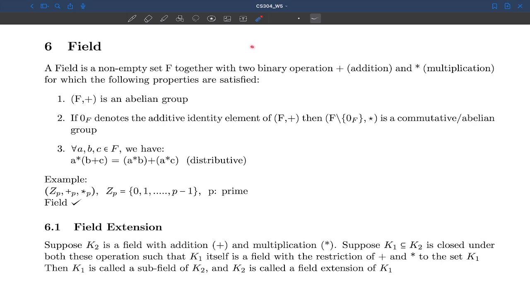Here if we consider plus and multiplication, then we know that 0 is the only number, if we take the real number set, whose inverse does not exist. For all other numbers on set R, we can find the inverse.